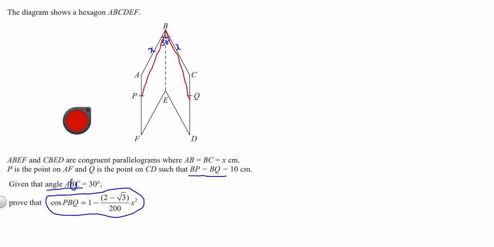This angle here, PBQ, is not 30. It's just a little bit, it's going to be less than 30 degrees.